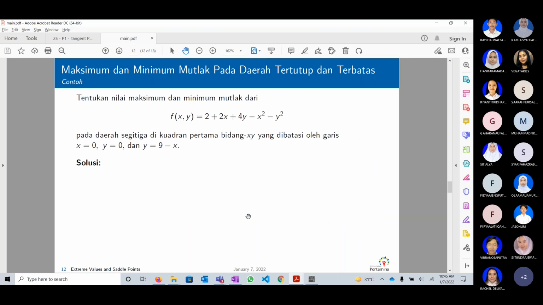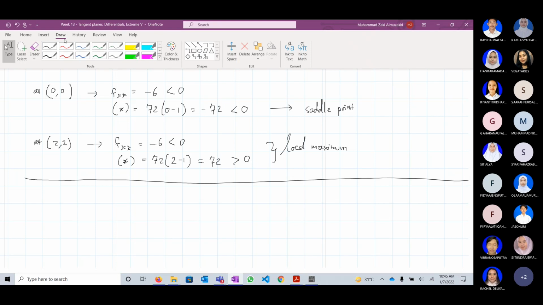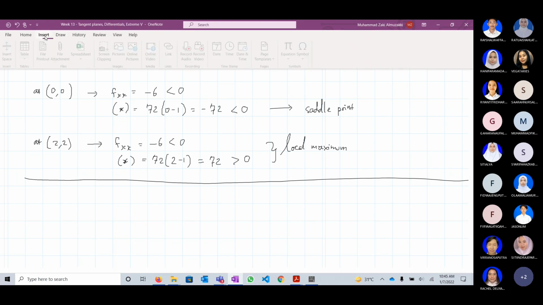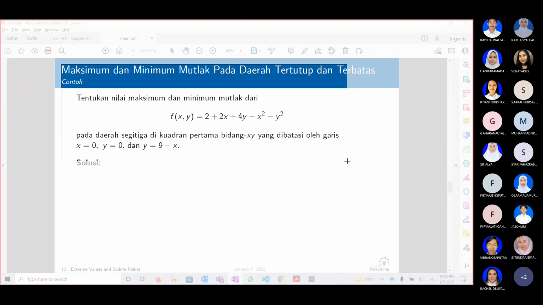Let's jump to this example. I believe I don't need to explain to you in Bahasa for now because you already read the question and also the explanation in Bahasa.